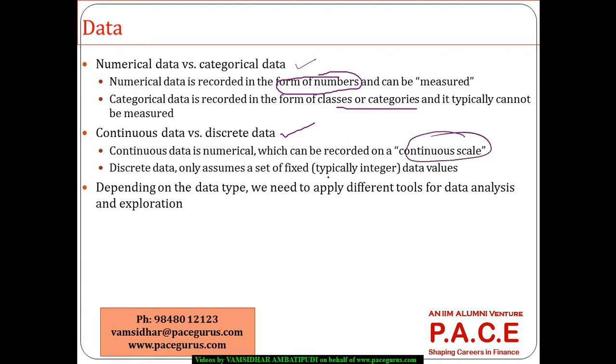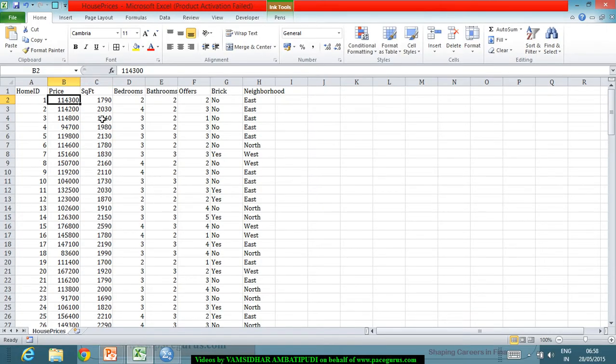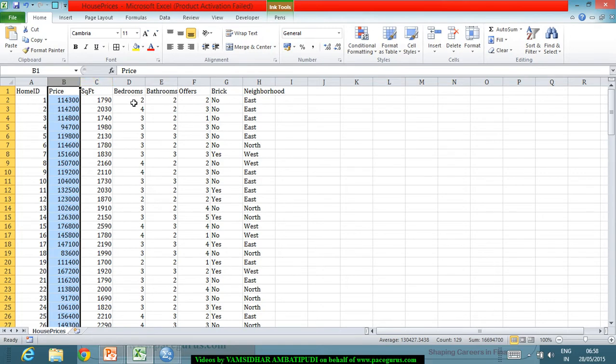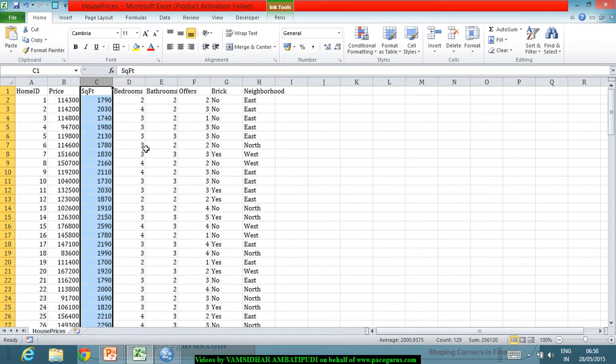So that kind of data which is numerical and can be recorded on a continuous scale. Whereas if you look at bedrooms, I may not have 2.2 bedrooms, or I cannot talk about 1.22 bathrooms. In case of price, I can talk about the minutest of numbers, or with square feet I can talk to any kind of precision, whereas that may not be possible with respect to bedrooms and bathrooms.